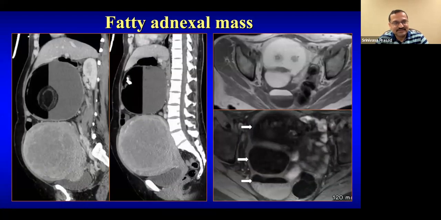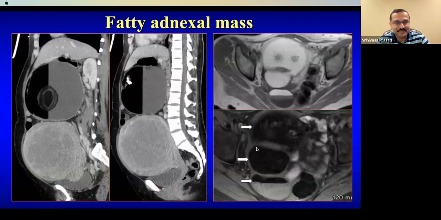Again, with CT and MR, it's the presence of macroscopic fat with or without calcifications and cystic components that clinches the diagnosis of a mature teratoma.